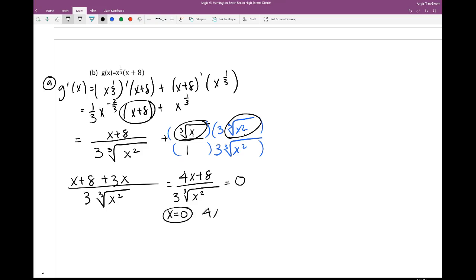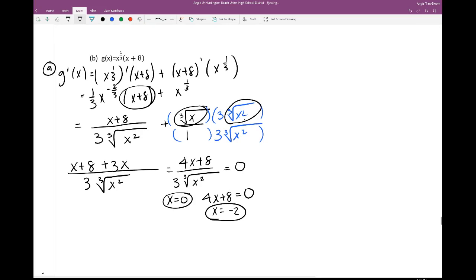Then I need to take my numerator and set it equal to, you guessed it, 0. That one will give me x equals negative 2. So I have 2 critical points. I'm going to now plug it into my calculator and find what? Minimum, maximum? Okay. So here we go.